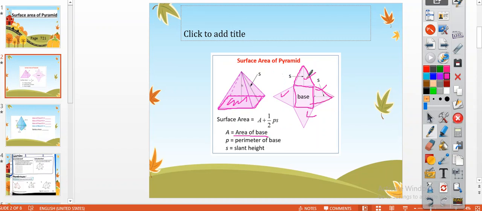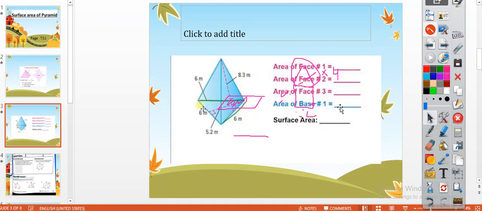And instead of finding the area of each one of them, I know that all of them are equal. So it is enough to find the area of one triangle, for example this one, then multiply it by 4, which are the 4 triangles here. Then finally you will add the area of the base to the area of the 4 triangles. Well, this is for the square pyramid.